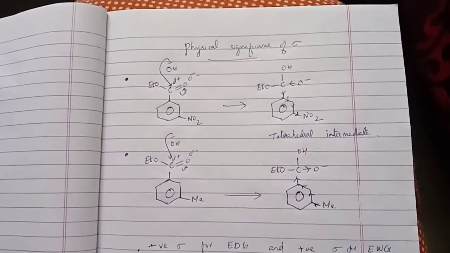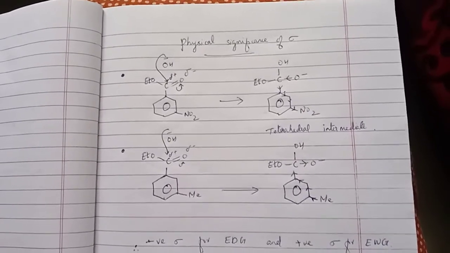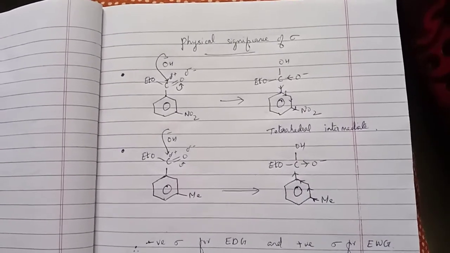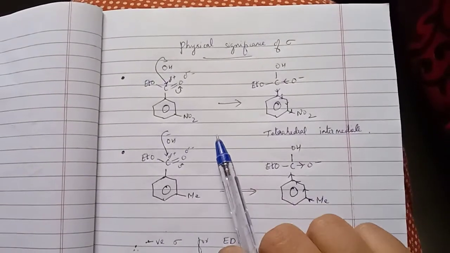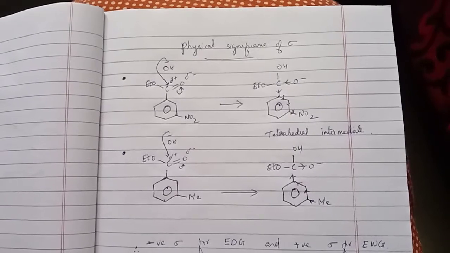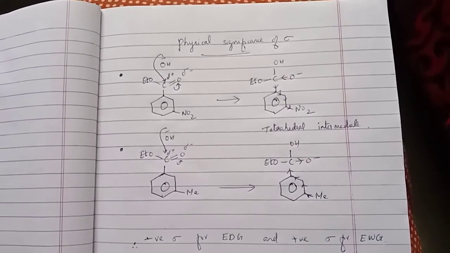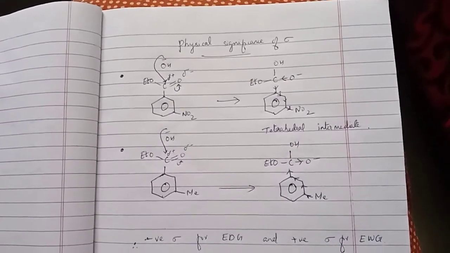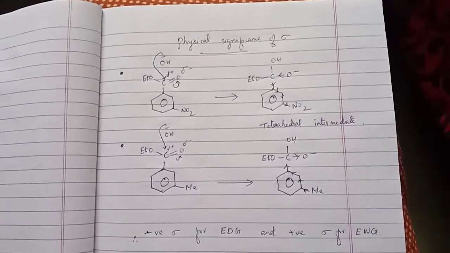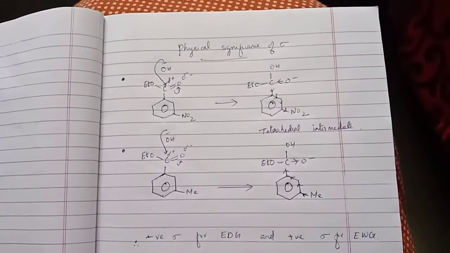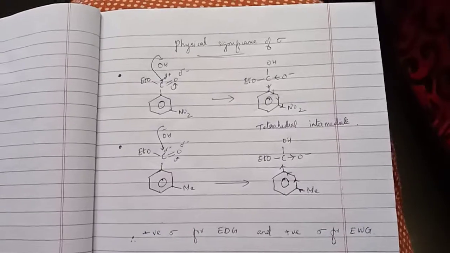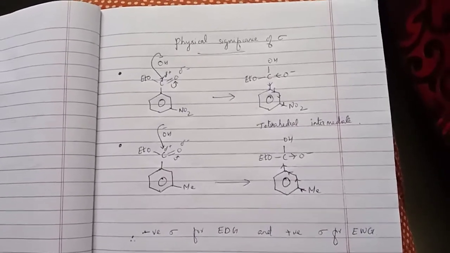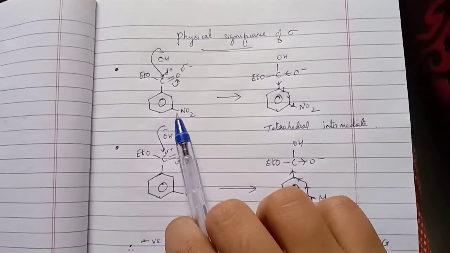The nitro group has a minus I effect, as it is an electron withdrawing group, and it also has a minus M effect, or minus R effect, which is the resonance effect. Also the polar or inductive effect, the minus I effect, is there. Here both effects are reinforcing. The inductive effect and the resonance effect act in the same direction towards the nitro group. So no problem, we can easily consider this case.